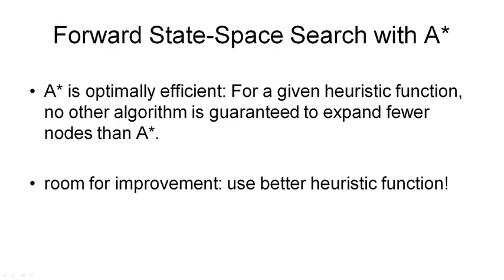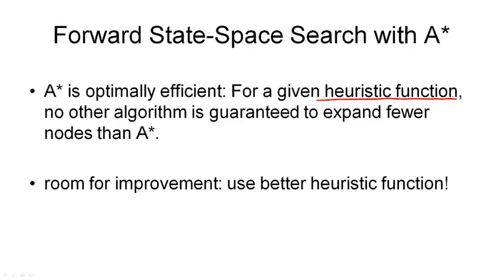For example, the guarantee that A-star returns a minimal length solution relies on the fact that the given heuristic is admissible. Now, if we don't have an admissible heuristic, then the guarantee doesn't exist anymore. Or, if we don't insist on having minimal length solutions, then we can imagine algorithms that ignore certain parts of the search space, thereby missing certain solutions, but still come up with a non-optimal solution.